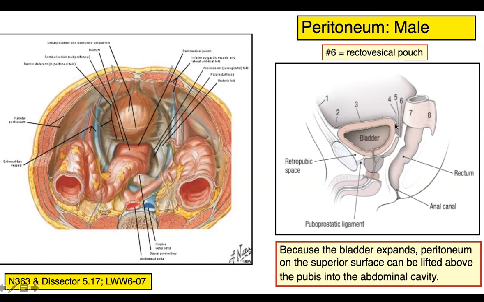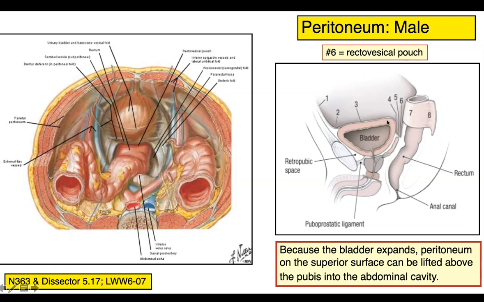Then it descends a little over the posterior aspect of the urinary bladder, which we call the fundus of the urinary bladder, and then it goes up anterior to the rectum and covers the upper part of the anterior surface of the rectum.